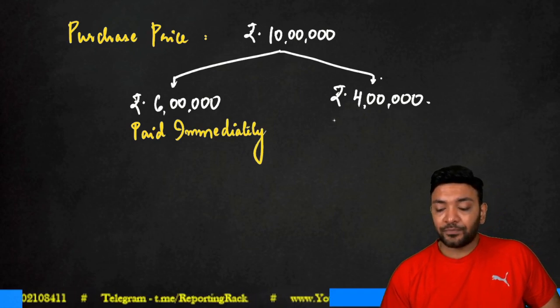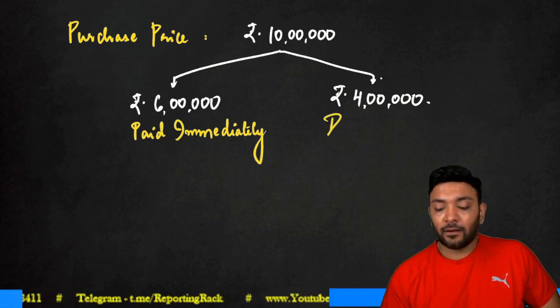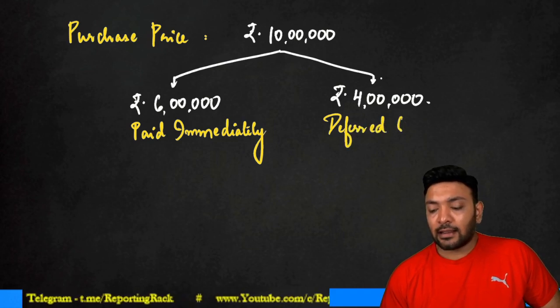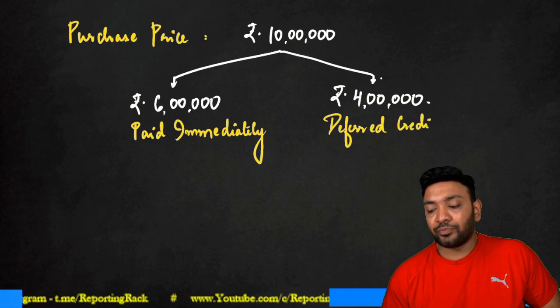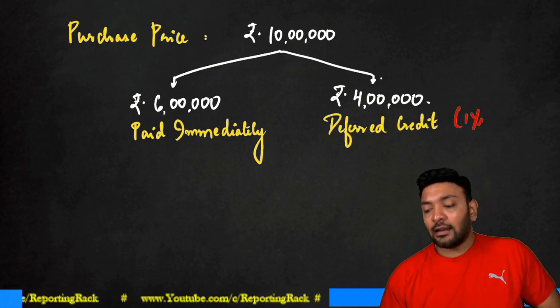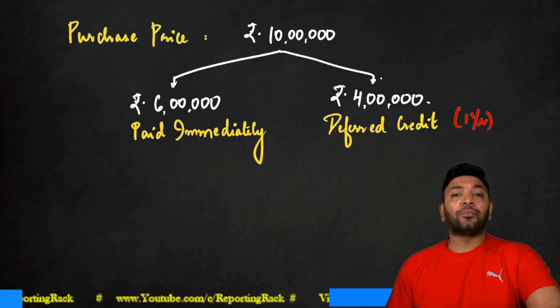Four lakhs is deferred credit. What is the amount of deferred credit here? 1 year. The amount will be paid after 1 year.